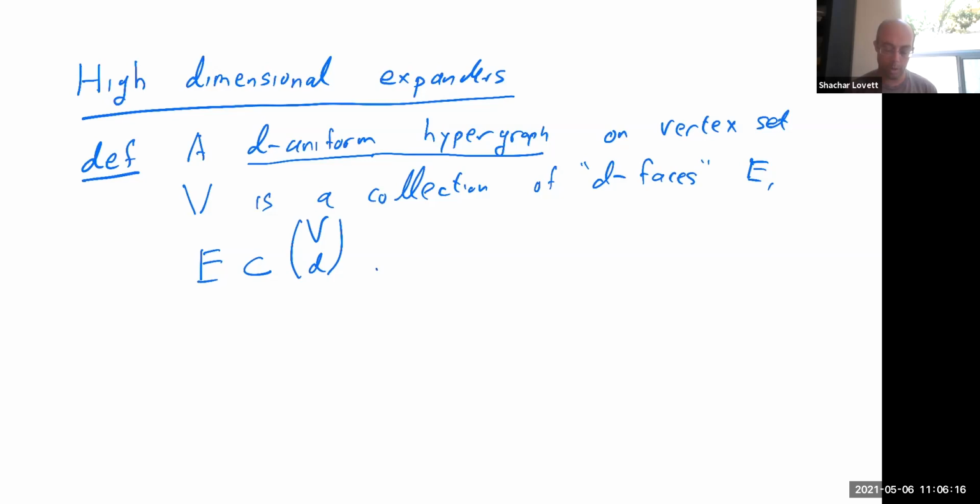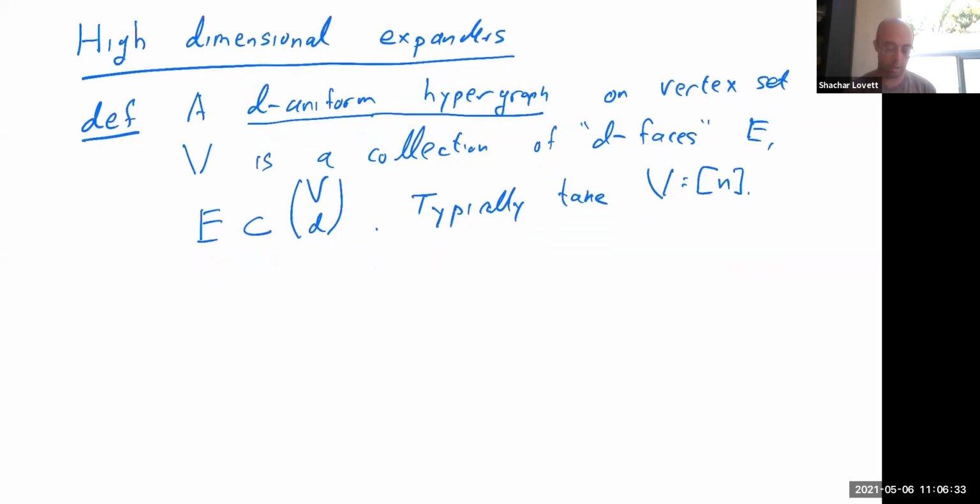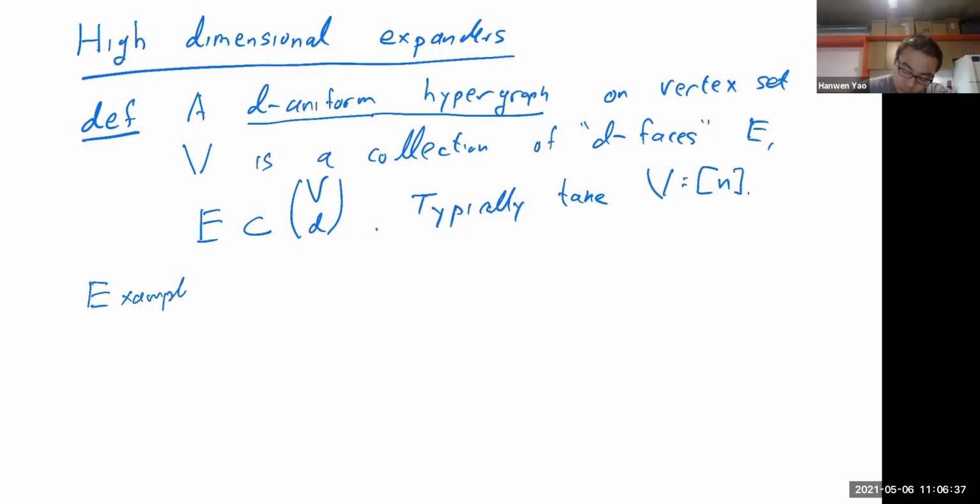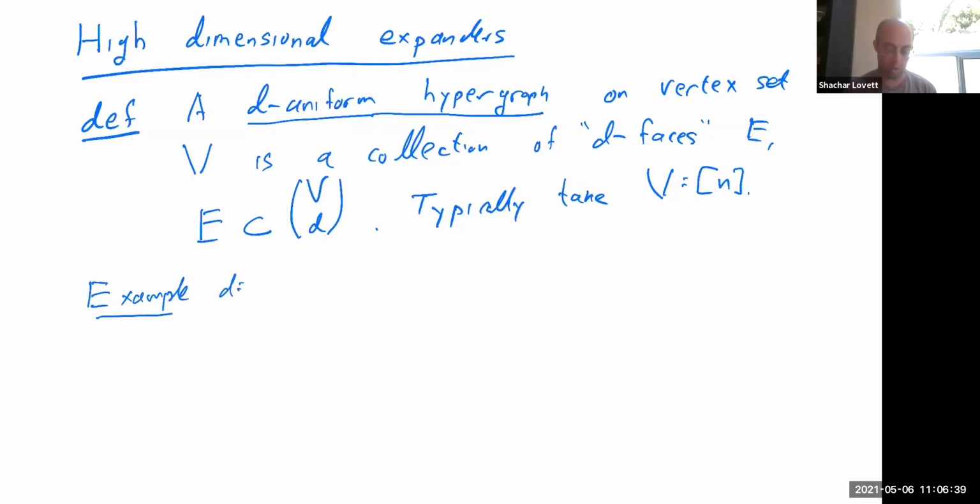And we will typically, like in graphs, take V to be the numbers 1 up to n, so n would typically denote the number of vertices. Maybe just as an example, let's take D equal to 3.